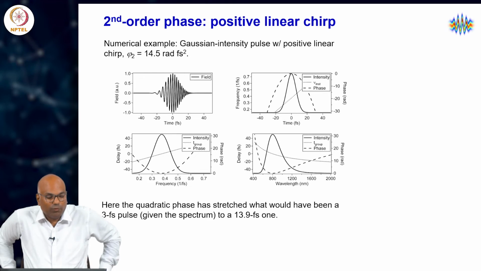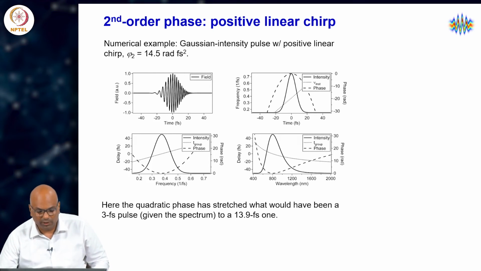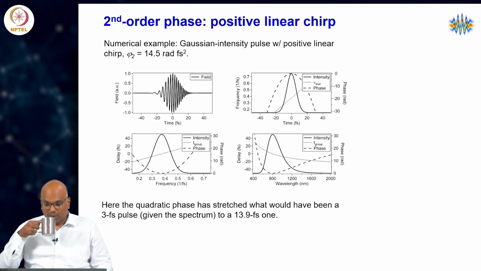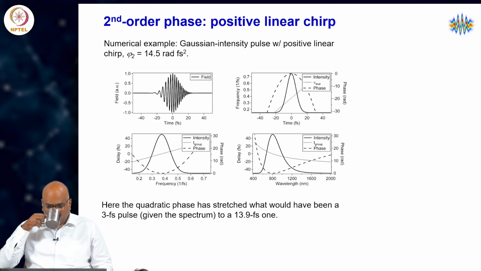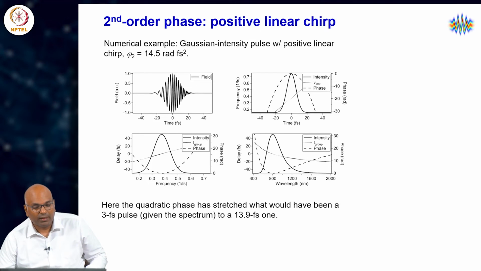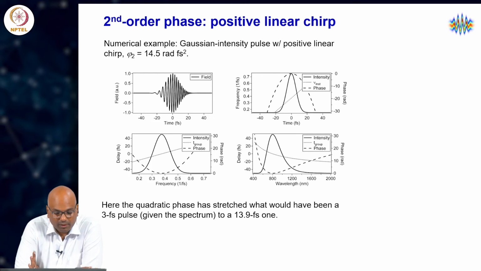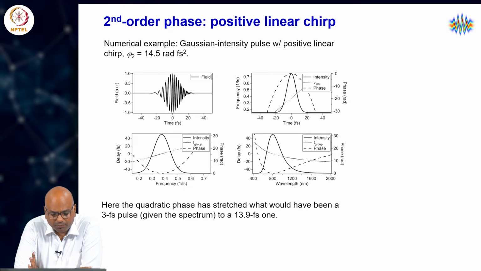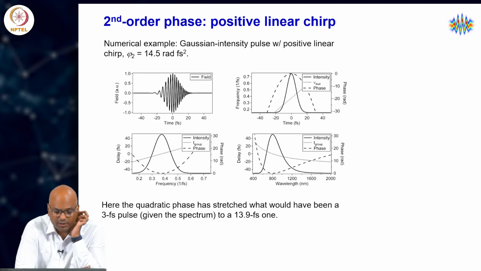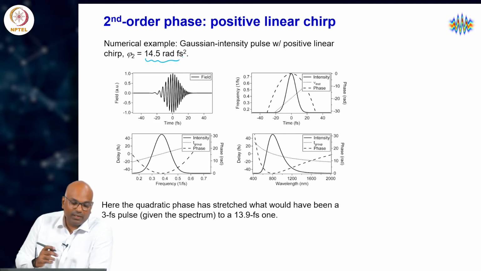Okay. So, now we considered this example, and it is worth spending a couple of minutes on this today. The Gaussian intensity of a pulse with a linear chirp of, we have here, 14 radians femtosecond square.